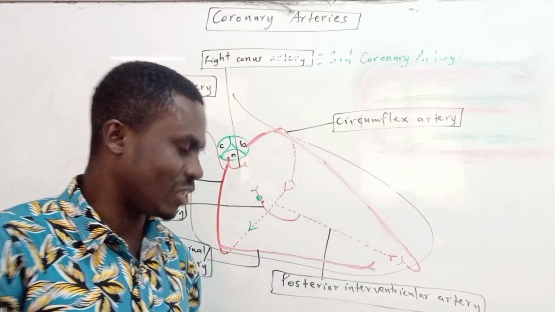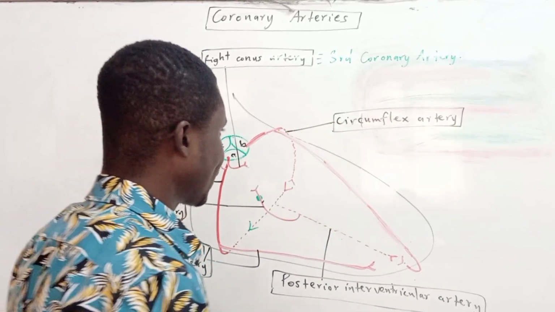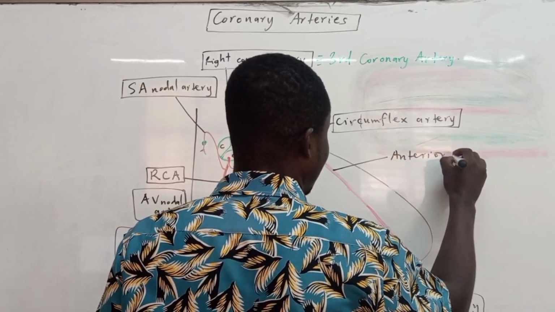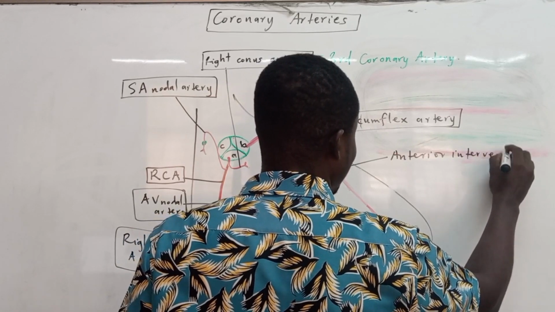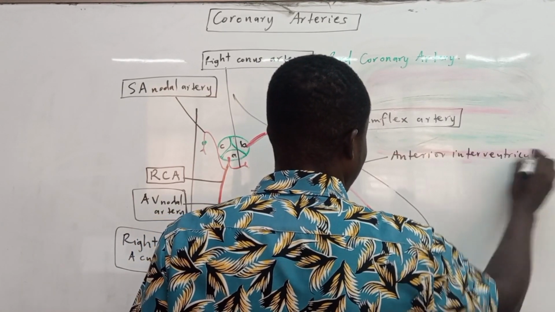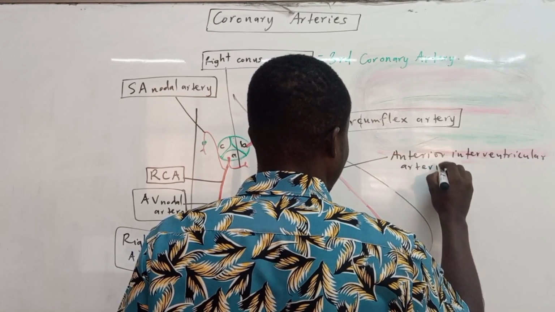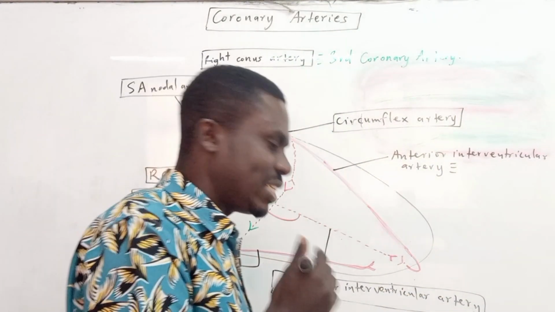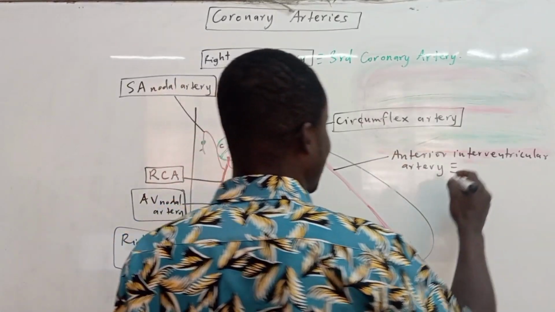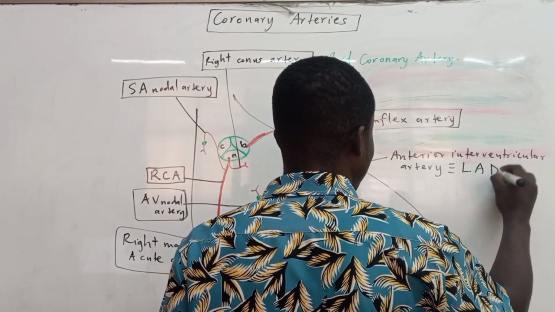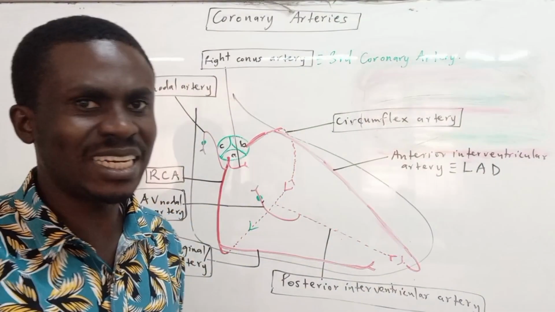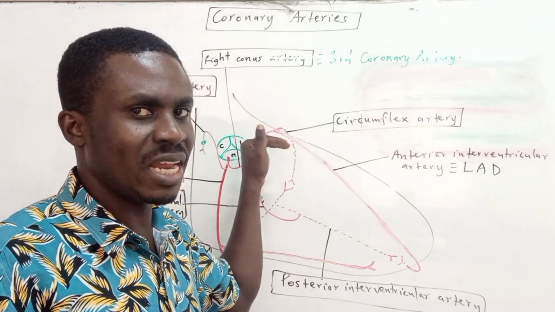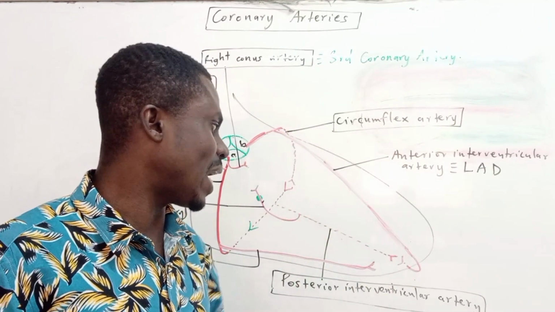For this reason, this artery will be called the anterior interventricular artery. Now, commonly, clinicians prefer to use another name, and that is LAD, the left anterior descending artery. Left anterior, and it is descending downwards, so we call it left anterior descending artery.